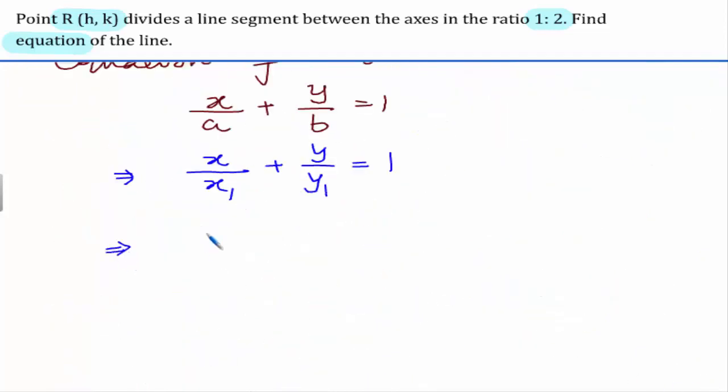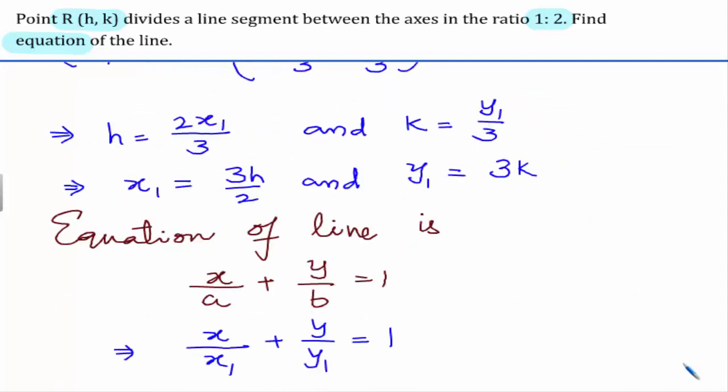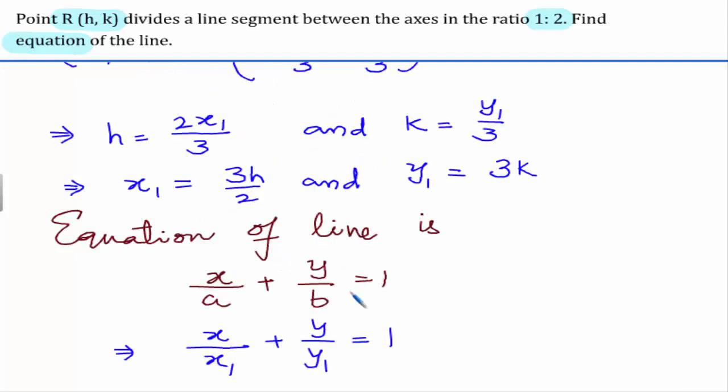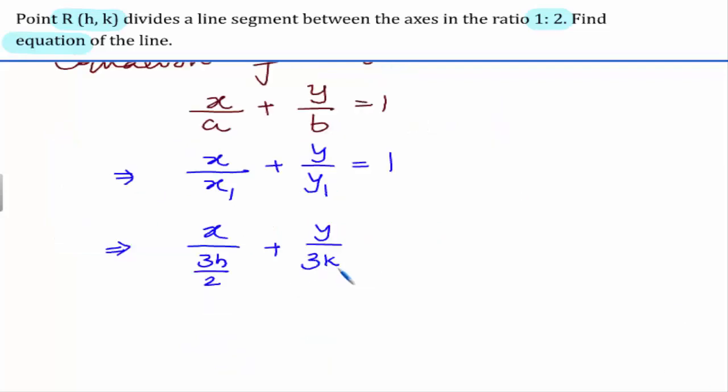Now what was the x1 value, which is 3h by 2, plus y by y1, which is 3k, is equal to 1. So that implies 2x by 3h plus y by 3k is equal to 1.